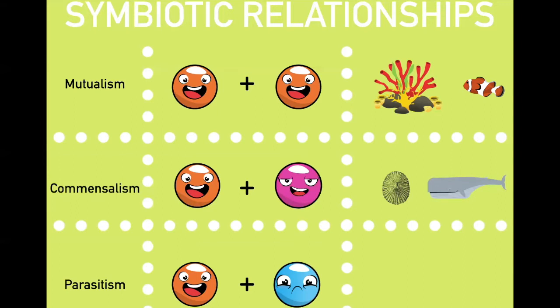In this example, the whale doesn't really care. And the barnacle is happy because it's getting something out of this relationship. What do you think the barnacle is getting out of this relationship? Is it food? Is it a free ride, maybe?